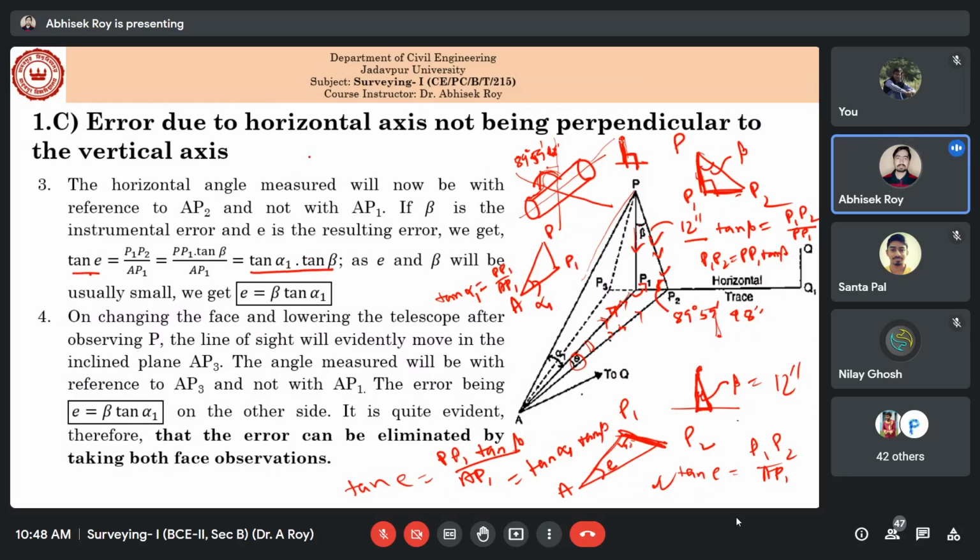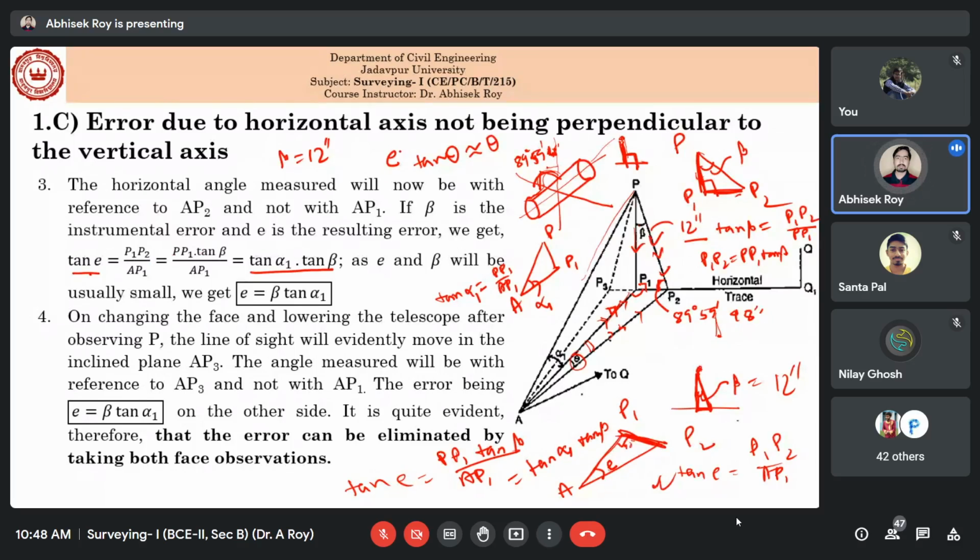Now, E and beta are very small. As in the example I have given, beta is only 12 seconds. Similarly, E, the total error, will also be very small, in the dimension of a few seconds, 1 or 2 or 3 or 4 seconds. Now, when an angle is very small, nearly equal to 0, we know that tan theta is nearly equal to theta, right?